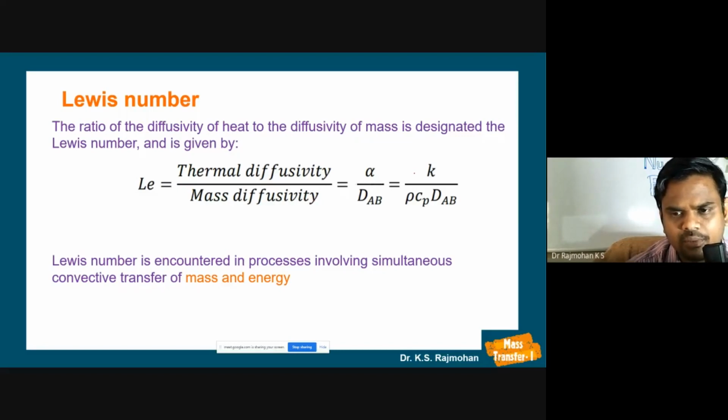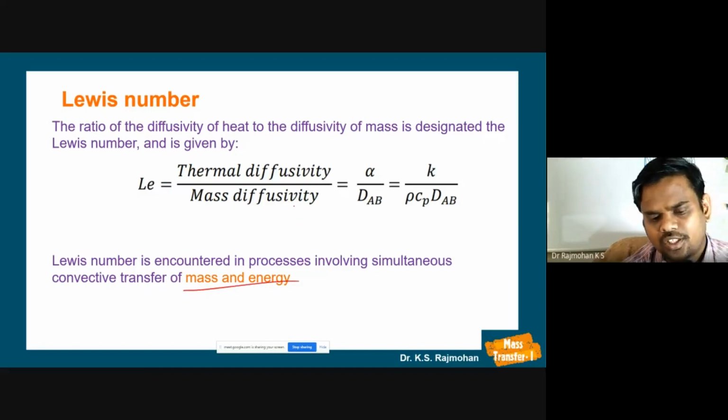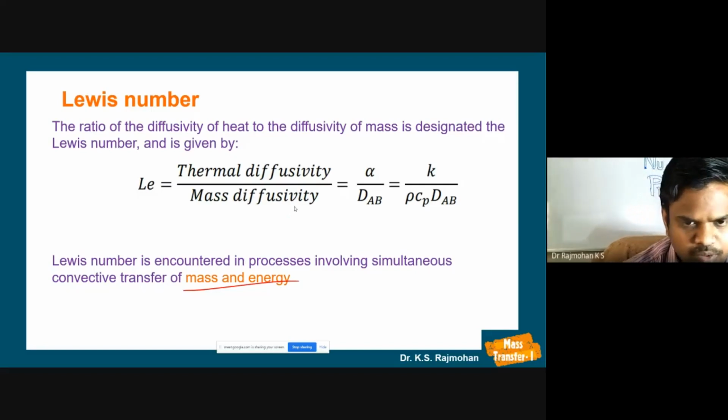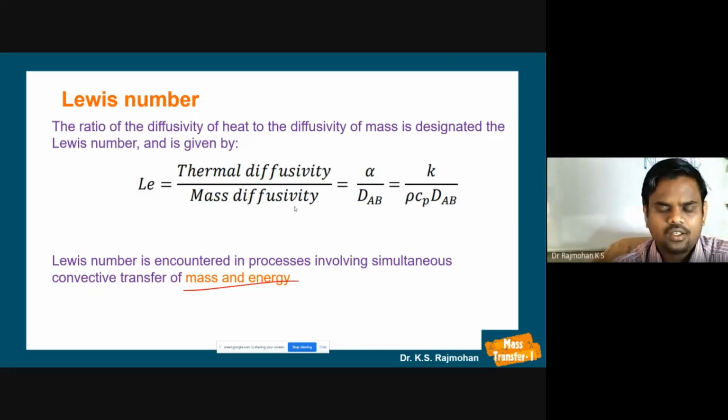Thermal diffusivity k by rho Cp divided by DAB. So we have k by rho Cp DAB, which is the Lewis number. The Lewis number is encountered in processes involving simultaneous convective transfer of mass and energy. So in heat and mass transfer cases we come across this Lewis number. I hope you will be using this more in heat transfer.